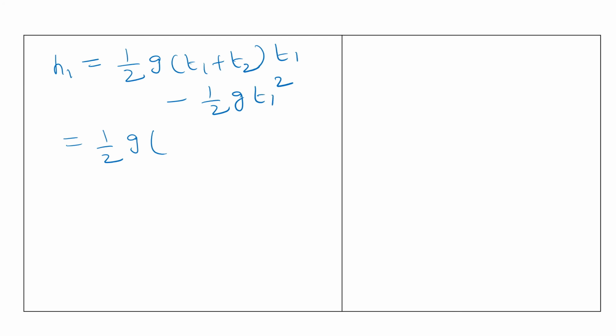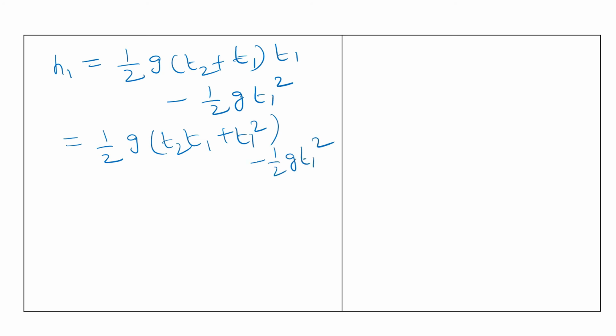So this one t1, here t1 plus t2 plus t1 into t1, t2 plus t1 into t1. So g taking common, we are getting t2 into t1 plus t1 square minus half g t1 square.